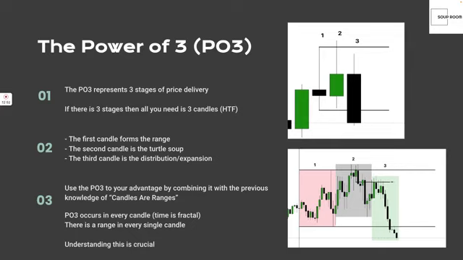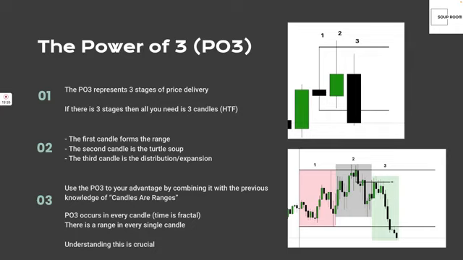The first candle will form the range. The second candle is the turtle soup. And the third candle is the distribution or expansion. Power of 3 is accumulation, manipulation, distribution. We accumulate in the first candle, manipulate with the second candle, and distribute with the third candle. Write that down.